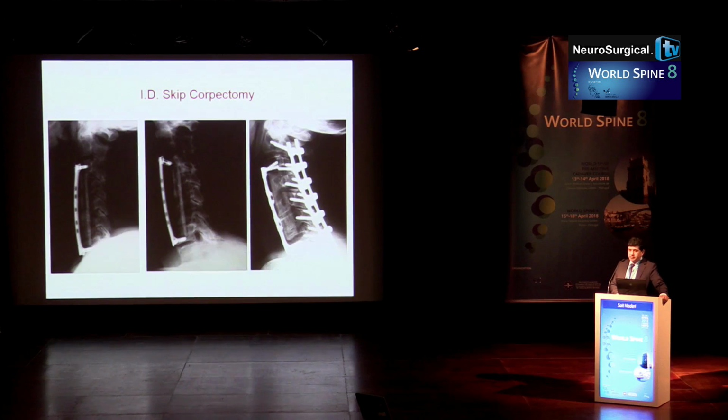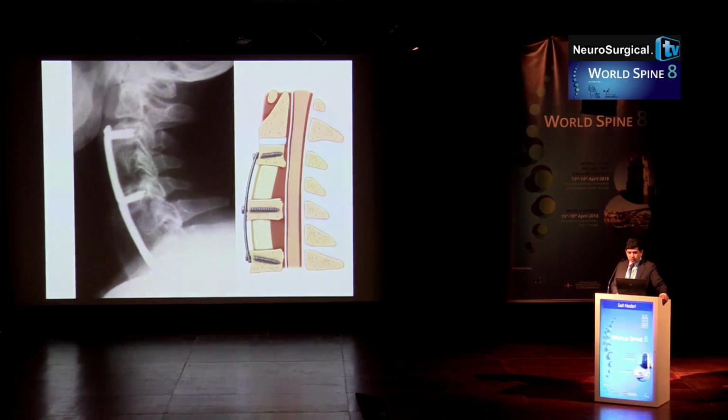This consists of 2-level corpectomy and preserving the posterior part of the middle vertebra. This provides good decompression and fixation using 6 screws and no posterior stabilization.